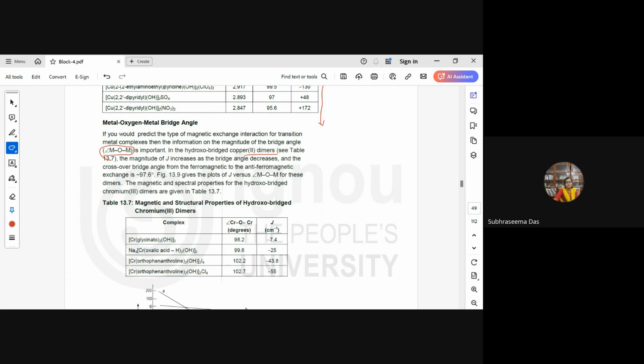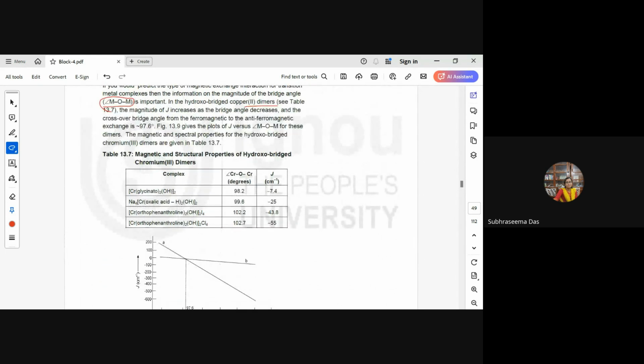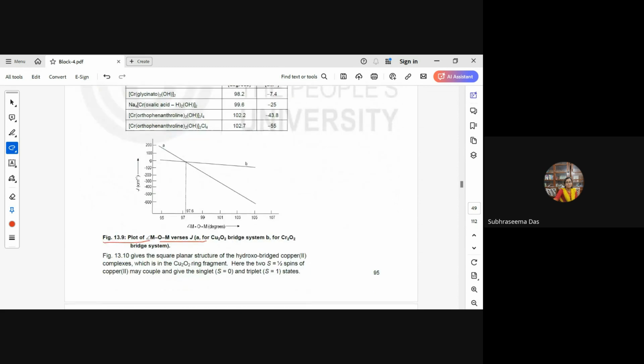In figure 13.79, the angle MOM versus J has been plotted, and the structural properties for these dimers have been shown in figure 13.7. Here we can see the square planar structure of the hydroxo-bridged copper complex. It is in a ring fragment.